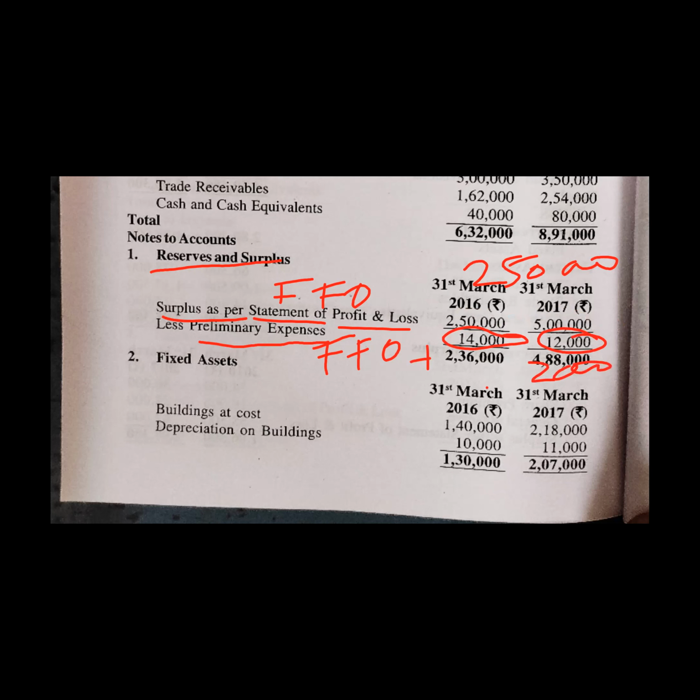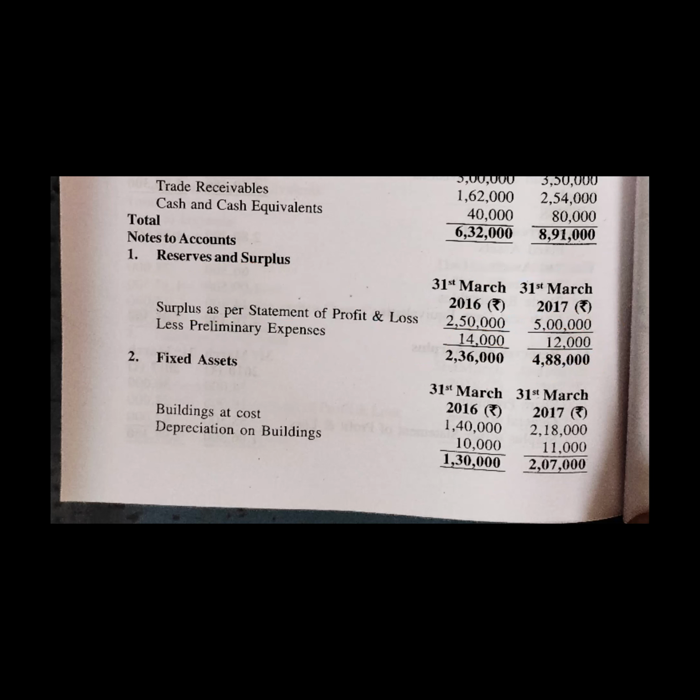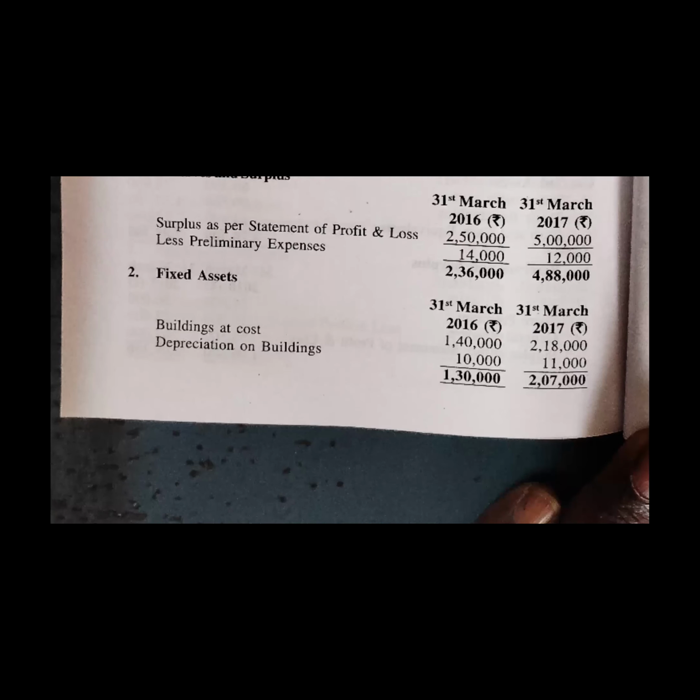Okay, next very important one, buildings at cost. They are saying buildings at cost, 1,40,000 and 2,18,000, and depreciation is also there. Depreciation on building, opening and closing balances.